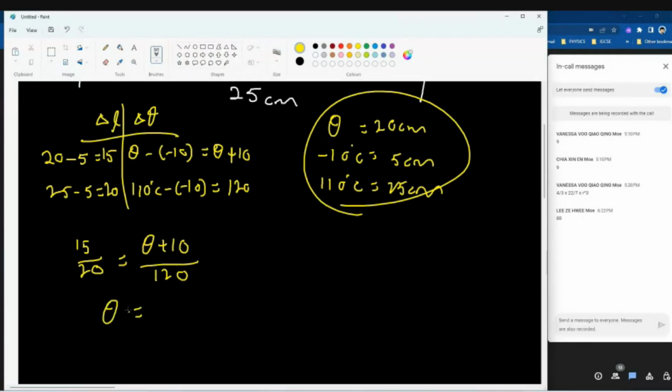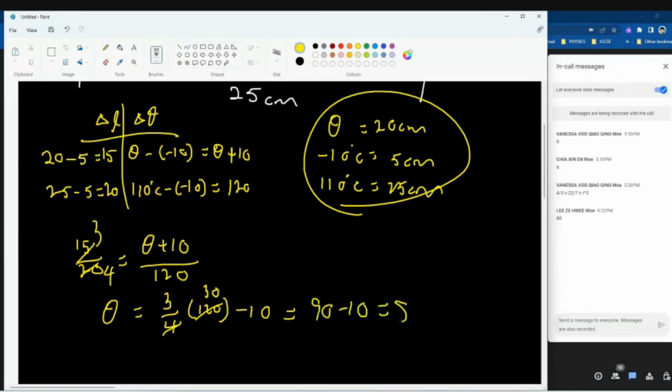Then your theta will equal 3 over 4 multiplied by 120, minus 10. So you do it slowly one by one. Divided by 4, you get 360 over 4, so it's 90 minus 10.